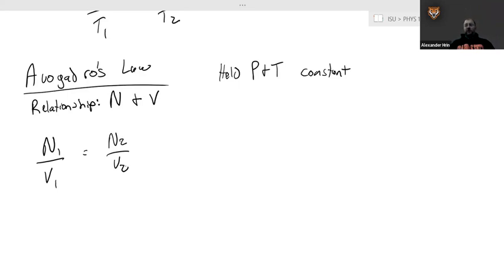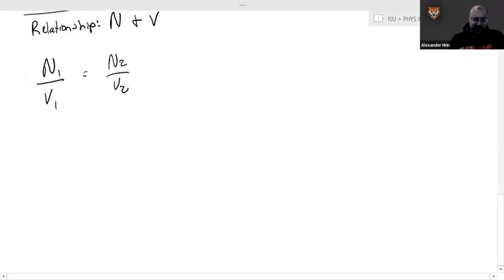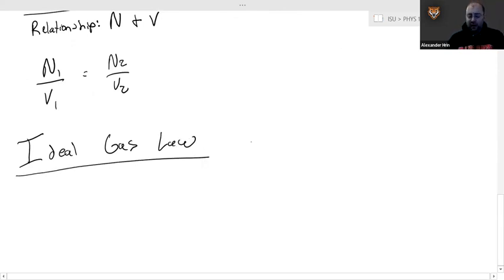The point is that all four of these quantities are interrelated, so there needs to be a final law to do that, and the law that does that is the ideal gas law, sometimes called the IGL. You have two different versions.